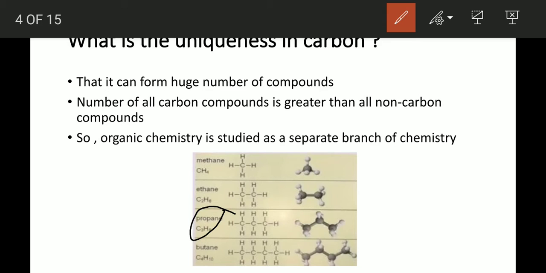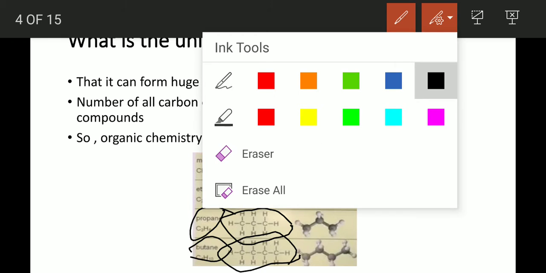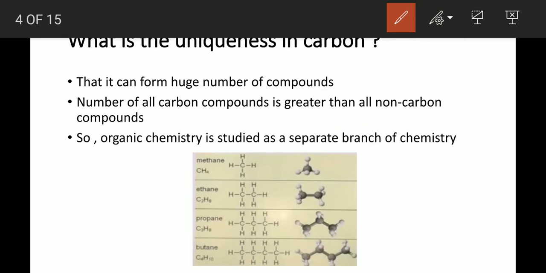Propane is C3H8, sorry, C3H8. And butane is C4H10, its diagram is like this. All of this about methane, ethane, propane, I will tell you in the chapter.